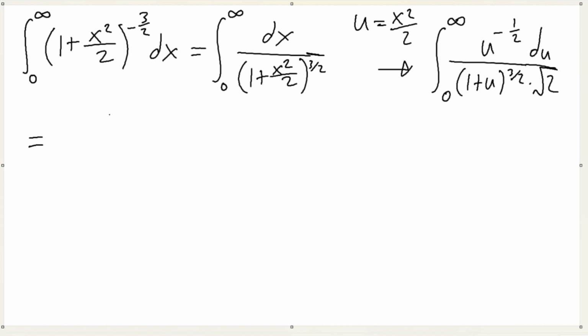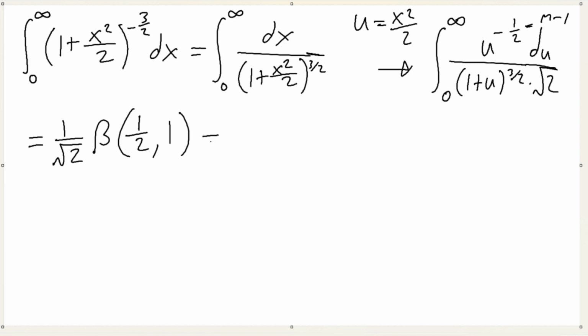We have 1 over root 2, don't forget that. Then m minus 1 is equal to negative a half, so m plus 1 would be a half. Then m plus n, so n would be 1.